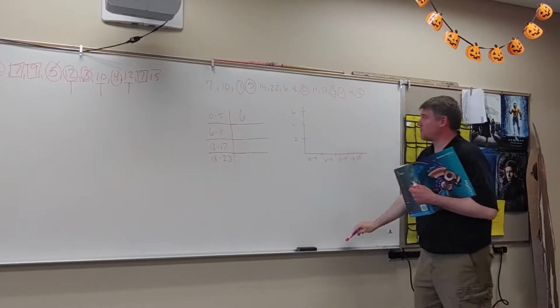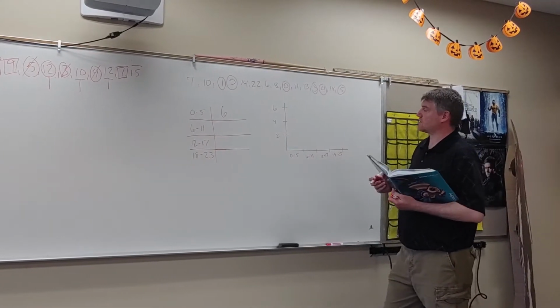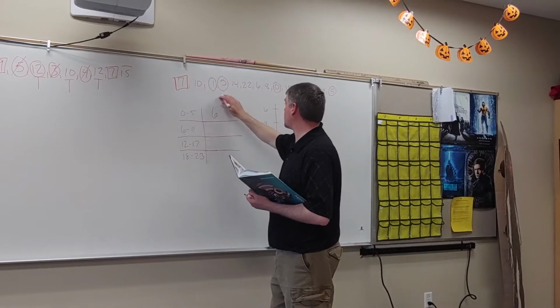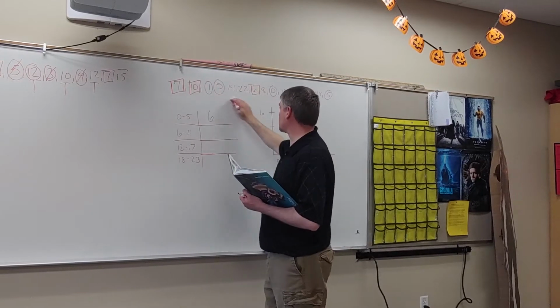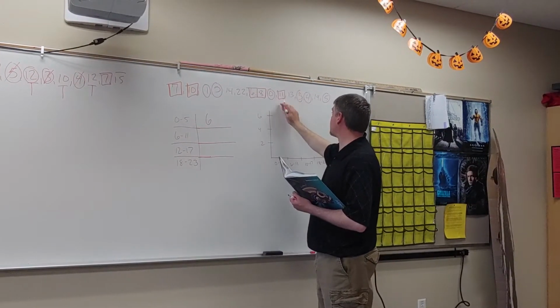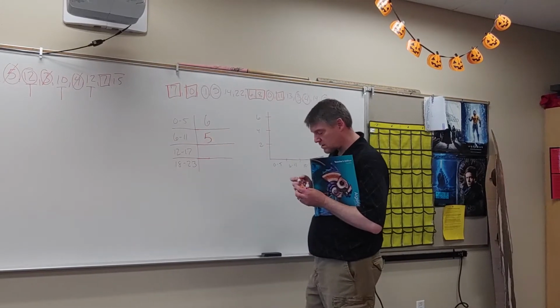Okay. So now I'm going to box out the next ones, 6 through 11, with the orange box. So there's 1, 2, 3, 4, 5. 5 of them. Okay.